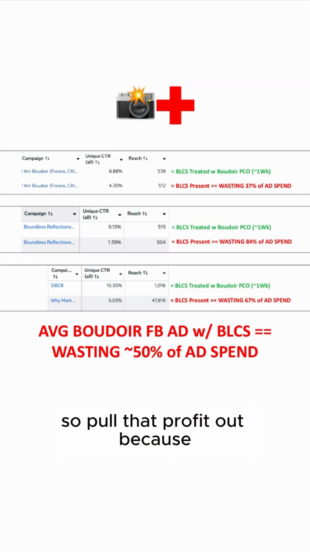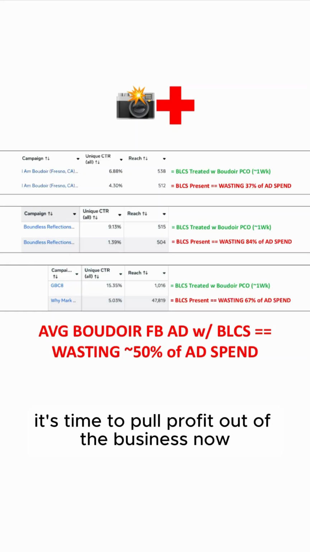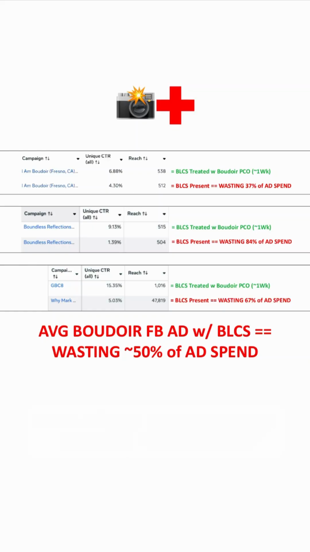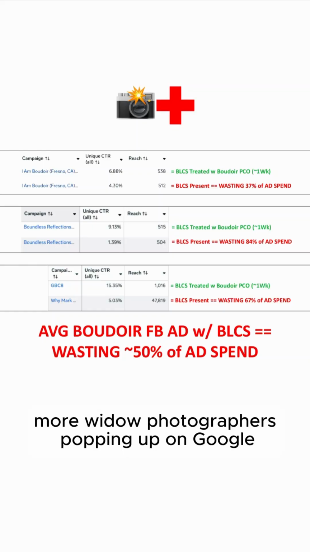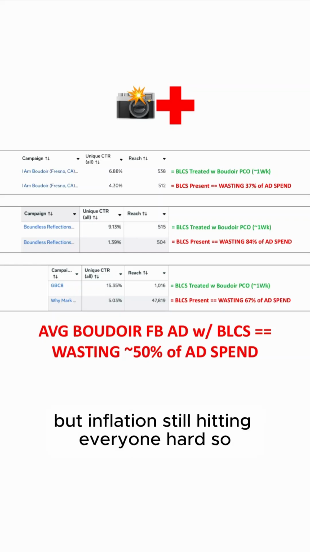So pull that profit out, because you realize it's time to pull profit out of the business now, because more boudoir photographers are popping up on Google My Business, saturating the market, driving prices down for everyone, but inflation's still hitting everyone hard.